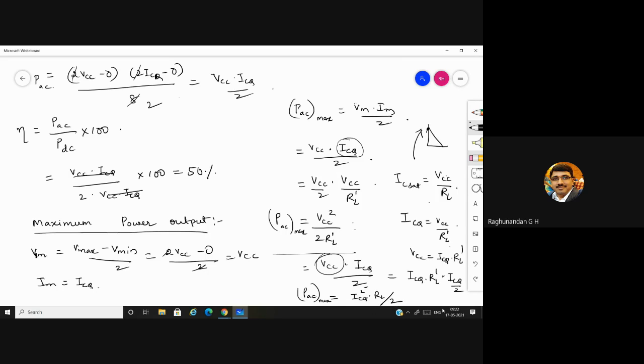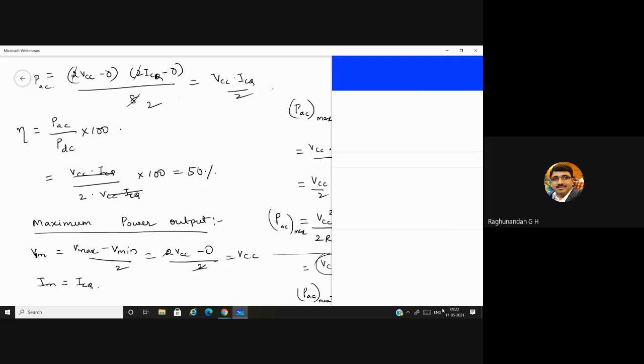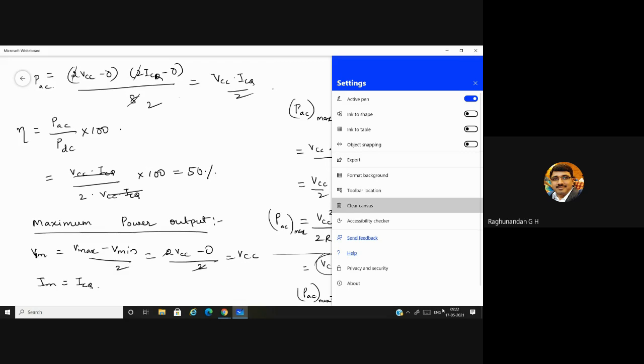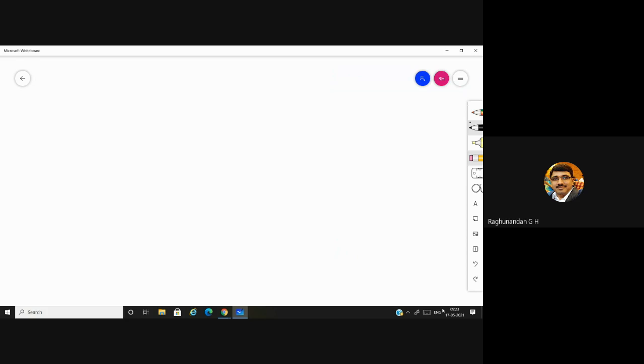Now again, the last part, that is power dissipation. It is given as PD is equal to PDC minus PAC. When input power is larger, obviously more power will be delivered to the load.